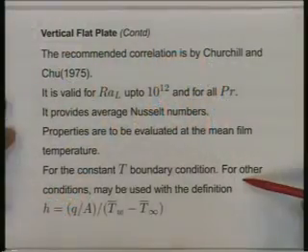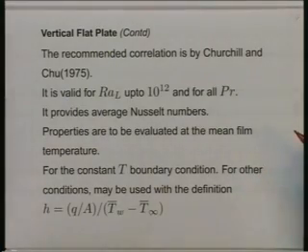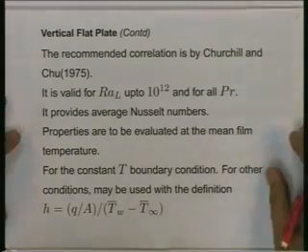However, it turns out that for other situations, say for a constant heat flux situation, we may still use the correlation. It will give you reasonably good results, provided you define the average heat transfer coefficient as the average heat flux divided by the average temperature difference.